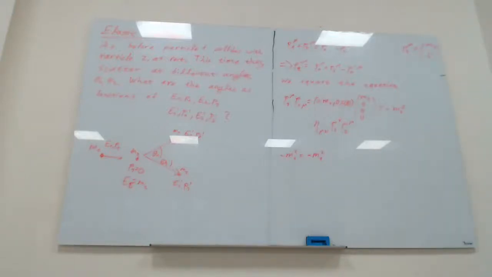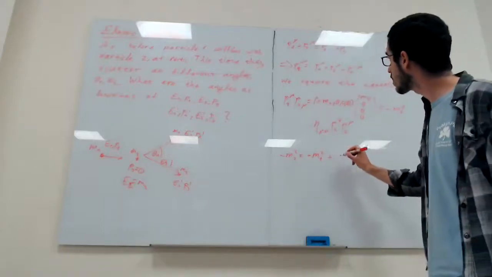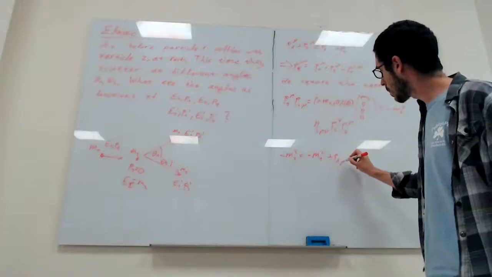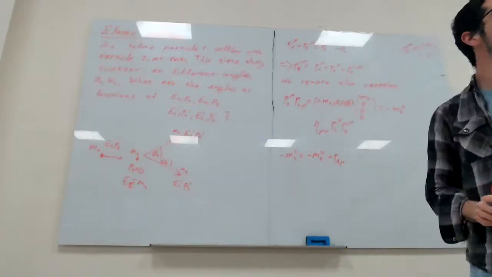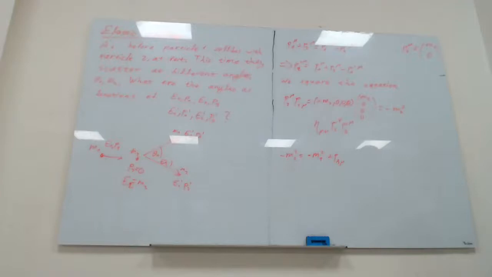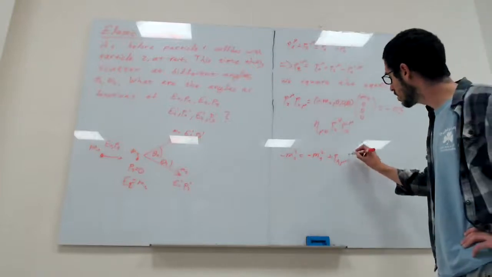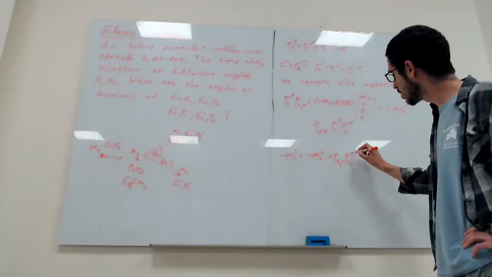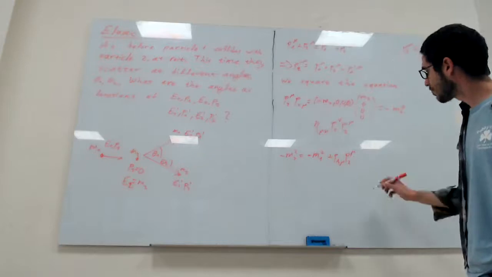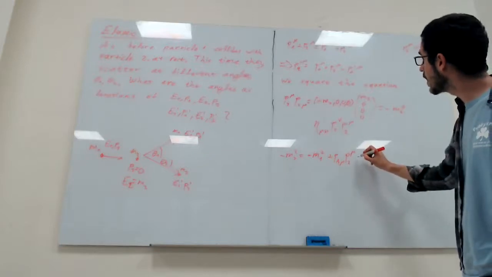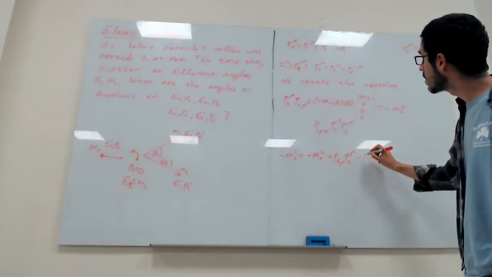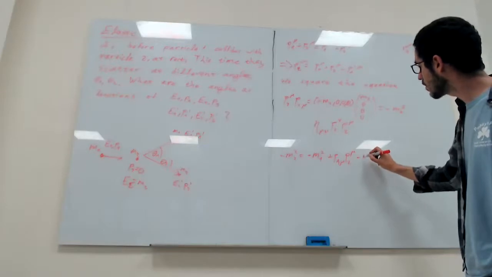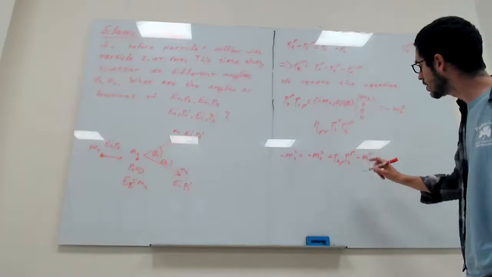Okay, let's do it step by step. Plus, here also we are considering c equals 1, right? Yes, throughout c equals 1. P1 mu P2 mu, minus M2 squared.